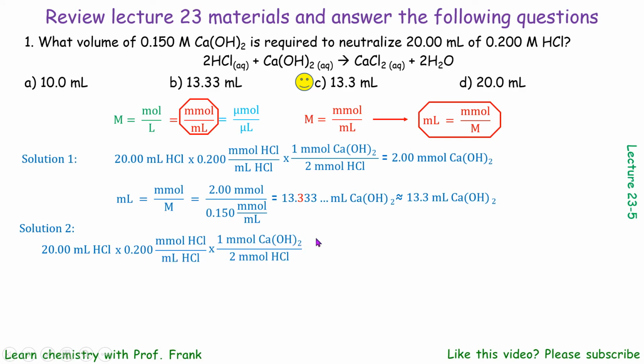So we just have millimoles on top, and then we divide it by the molarity. Okay, so we have the millimoles on top already. Therefore, I just simply write 1 here. 1 times this value should be still this value. All right, and then the molarity, I just use millimole over milliliter as the unit instead of just writing M. And now you see millimoles, they are cancelled. And milliliter again, that will become a numerator. So that should be the same answer, but I don't need to carry out two-step calculations.